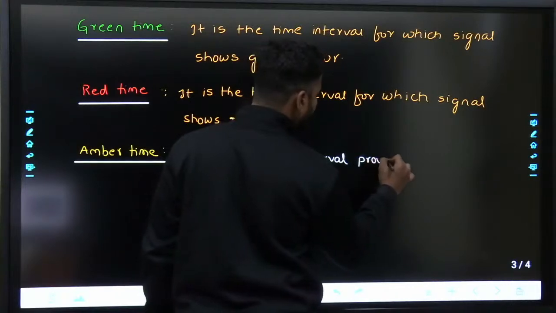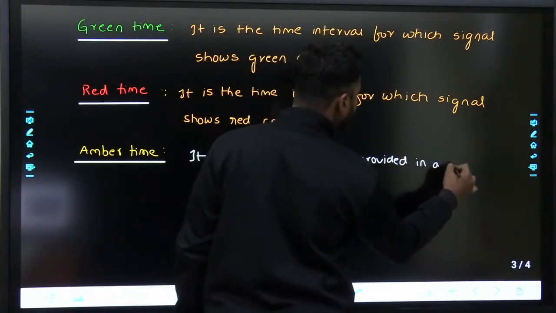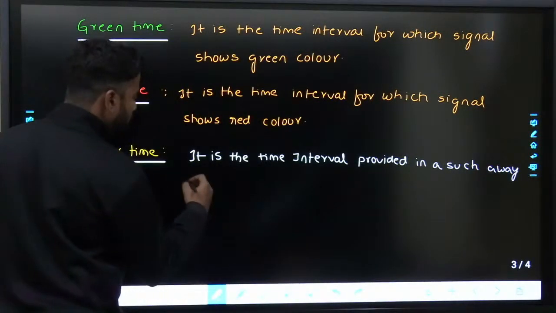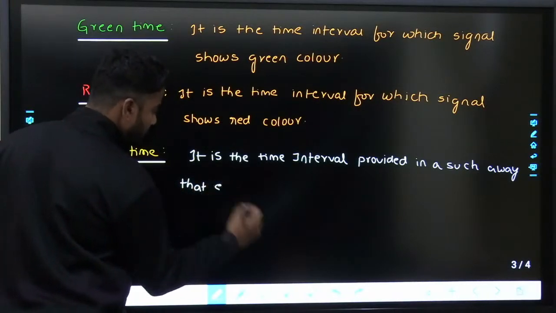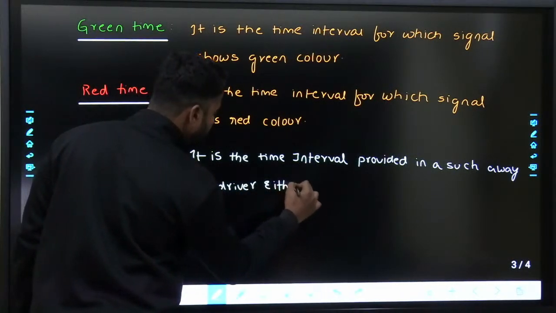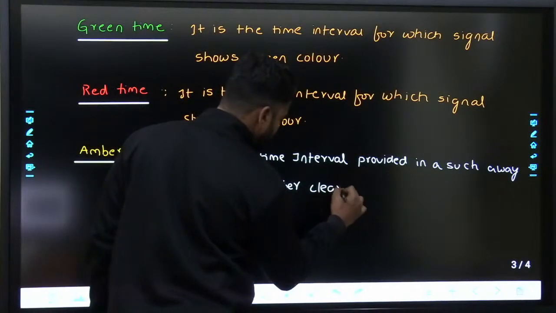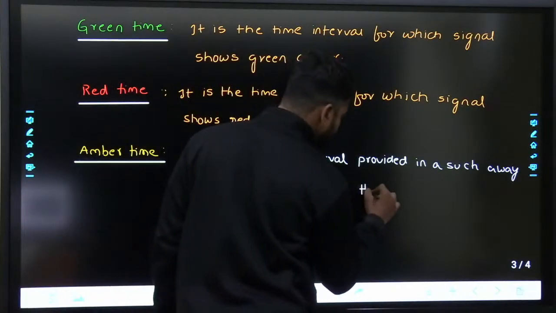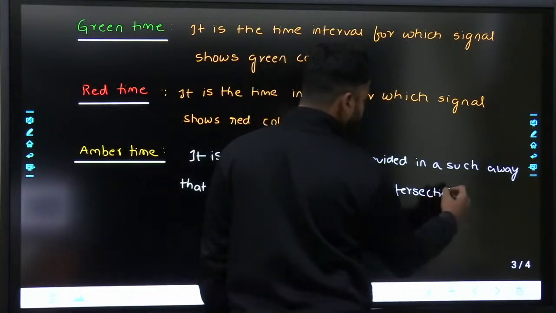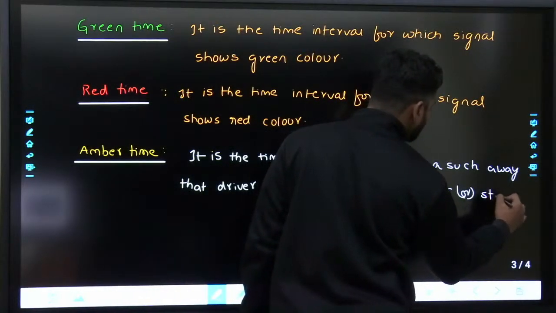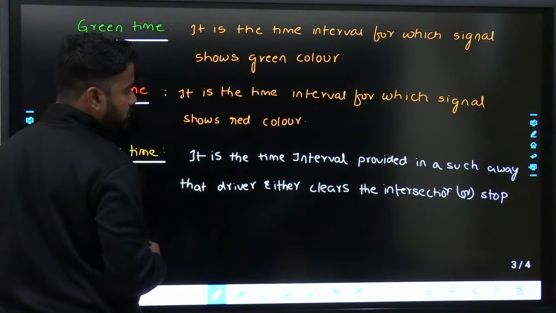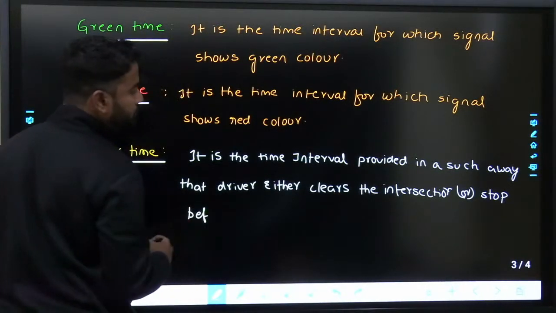Provided in such a way that the driver either clears the intersection or stops before the intersection, or stops simply.